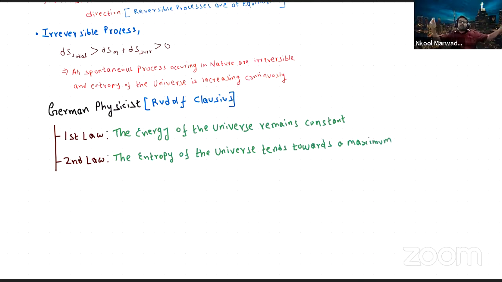They are becoming free. There is bonding also, it's not that there isn't, but in total, from a macroscopic context, the entropy of the universe is increasing. So this was the statement by the German physicist Rudolf Clausius.